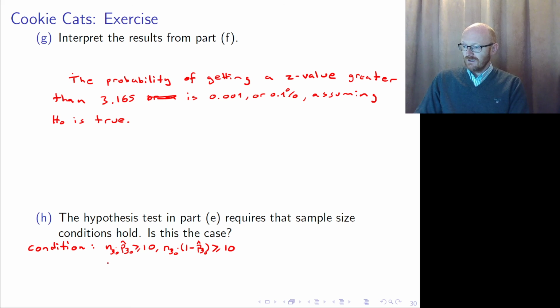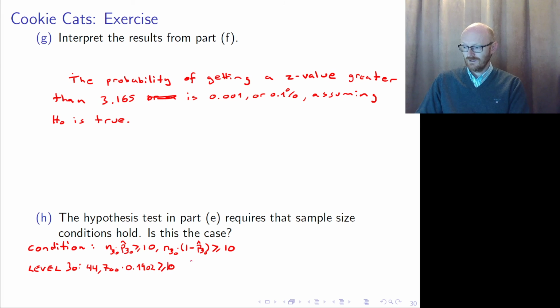And if we put some numbers in for level 30, then we have 44,700, which is N30, times 0.1902 is greater than 10.